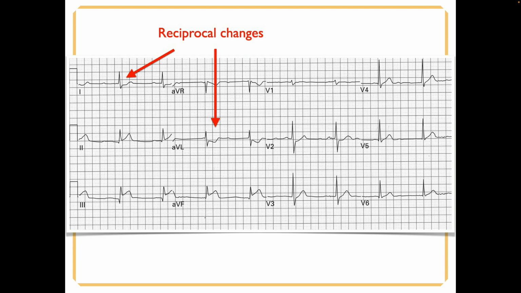So if you were interpreting this for the charge nurse, for example, you would say, I have a patient with 2 to 3 millimeters of ST elevation in 3 and aVF and reciprocal changes in 1 and aVL. And then we'll open up the cath lab.